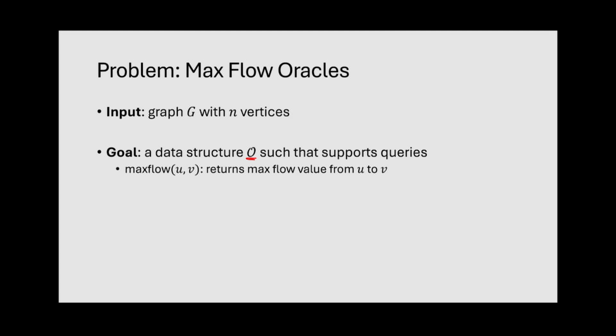Let's say you just care about the value. So given u and v, return the max flow value from u to v, which is the same as the min cut between u and v. And what we care about in this talk is the space that this data structure needs.